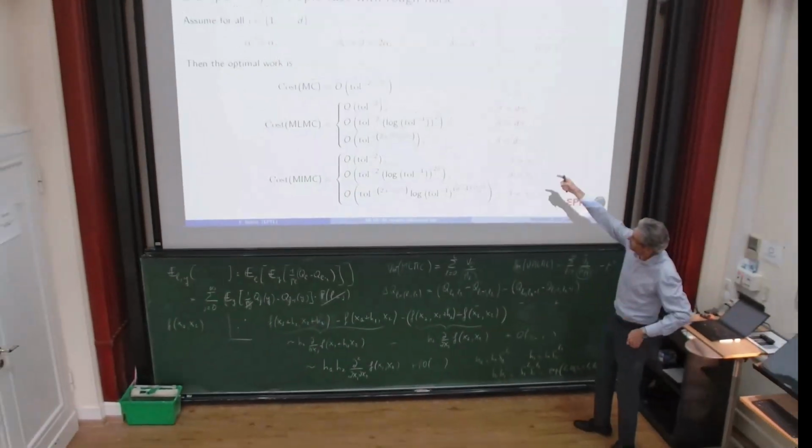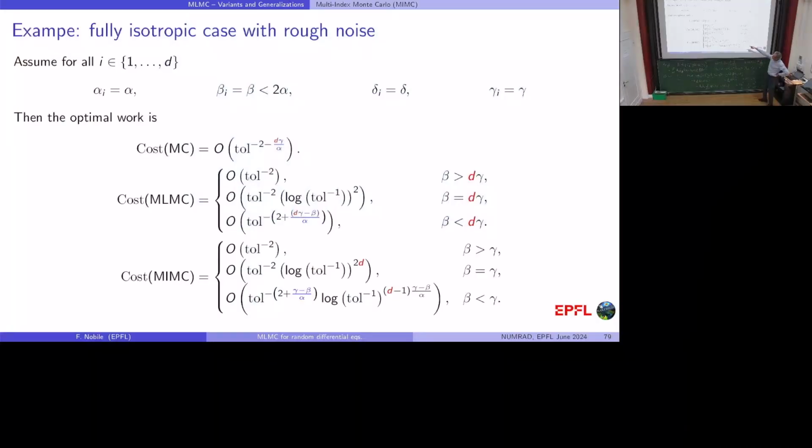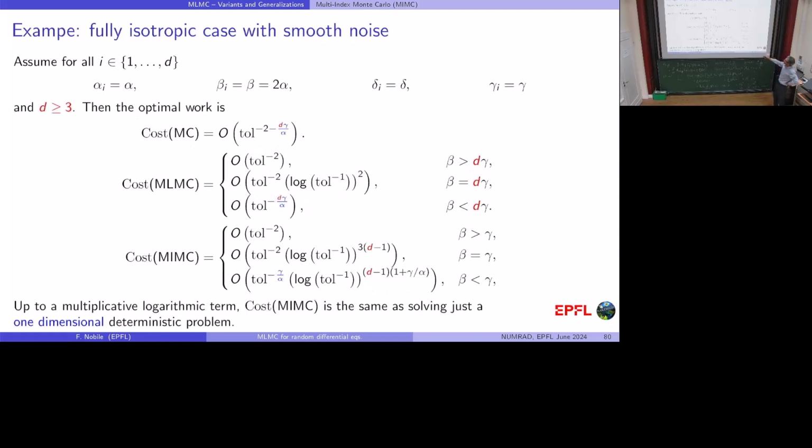So this is a comparison between standard Monte Carlo, multilevel Monte Carlo, and multi-index Monte Carlo for some different cases. Here is the case where the strong rate is smaller than the weak rate. Maybe I show the simplified version where the strong rate is equal to twice the weak rate.